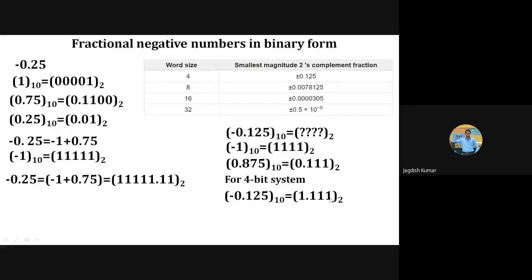So positive 0.125 in 2's complement representation will be 0.001, and minus 0.125 will be 1.111.